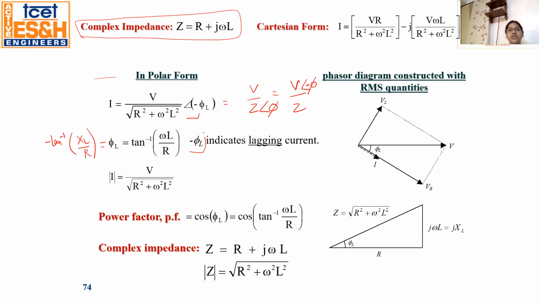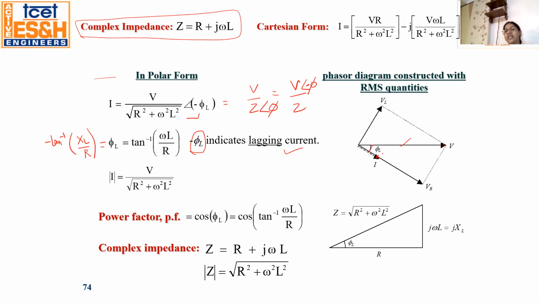So minus phi L is nothing but an indication that the current is lagging. See, this is V and this is the current. The angle between the supplied voltage and supplied current is phi L, because as the circuit is in series, the current is I only.